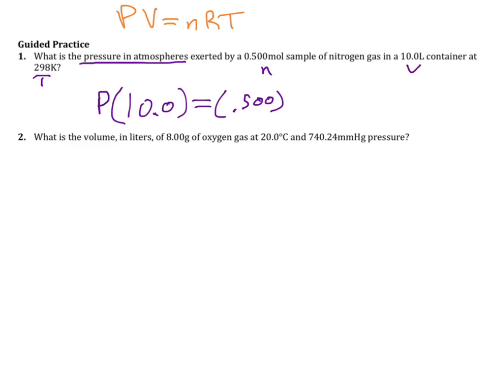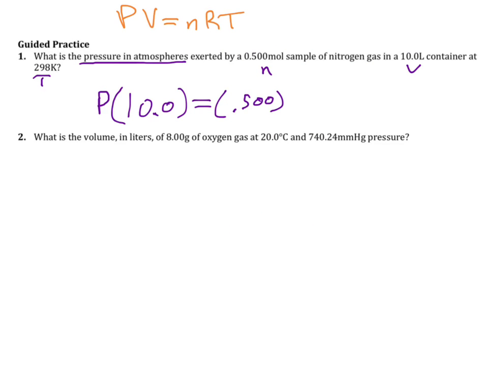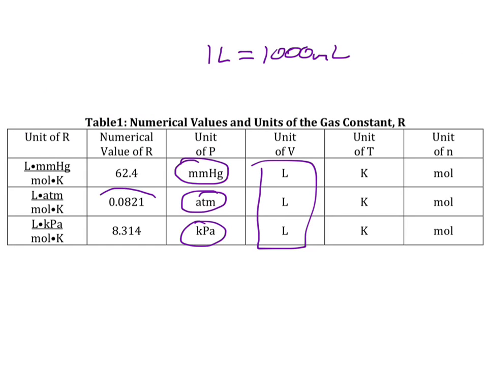Now R, that's a constant, so which R value are we going to use between those 3? Again, it comes down to what unit of pressure we are dealing with. The problem specifically wants us to calculate it in terms of atmospheres, and so the R for atmosphere is 0.0821.